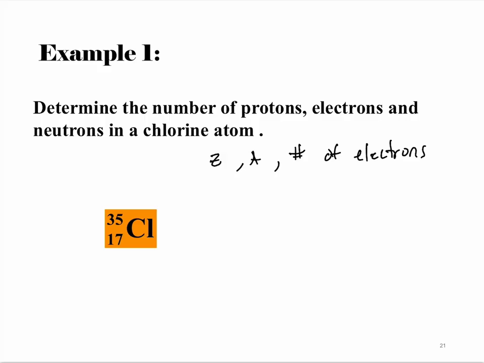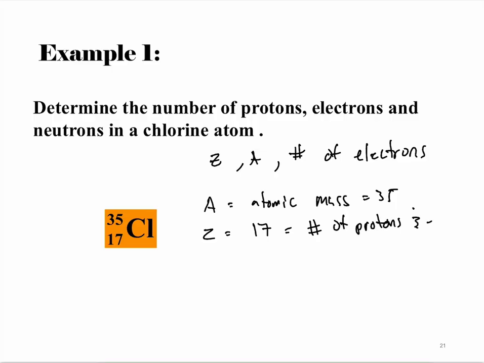Yep, we have A, which is the mass number, and that's equal to what? 35. And what else? Z, which is what? 17, and that's equal to the number of protons and electrons.